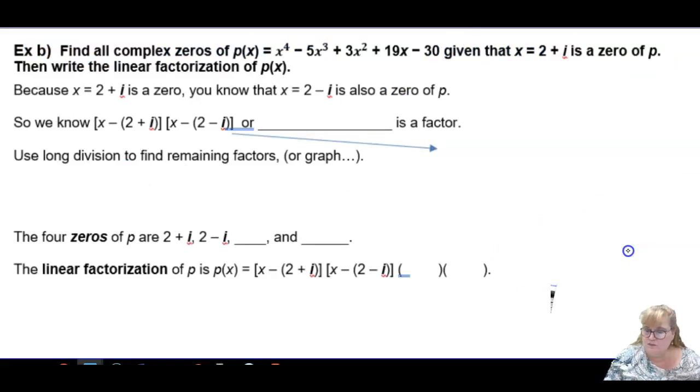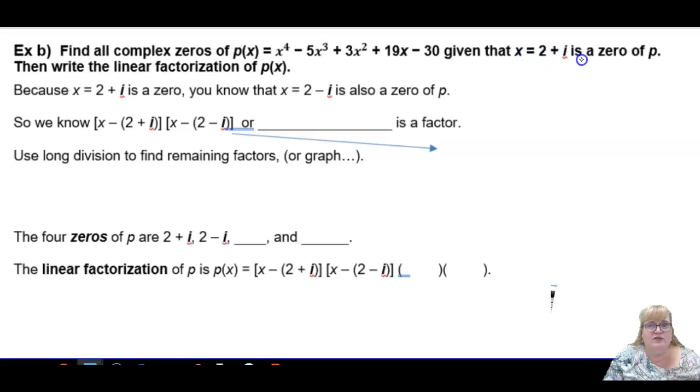So we're going to start this time with one that says, let's find all the complex zeros of x to the fourth minus 5x cubed plus 3x squared plus 19x minus 30, given that 2 plus i is one of the zeros. Whew.